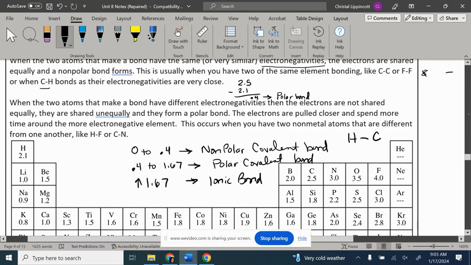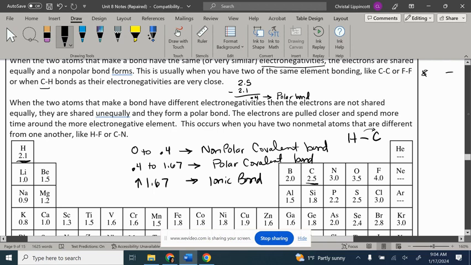So by carbon being more electronegative than hydrogen, the electrons are going to stay on this side of that bond around the carbon a little more. It's going to be drawn to the carbon more than the hydrogen. Because of that, you typically have this being a negative side and this being a positive side. Is that making sense?